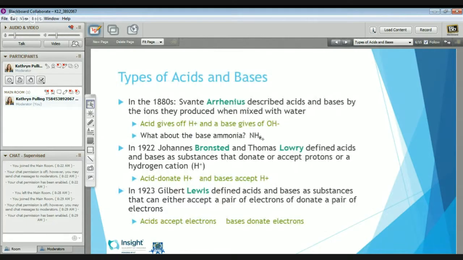So it took a good 42 years, but eventually we started to make this definition a little less specific so that it could incorporate all of the acids and bases. The first group of people to do that was Johannes Bronsted and Thomas Lowry. What does stay common among all acid and base reactions is the presence of that H plus.